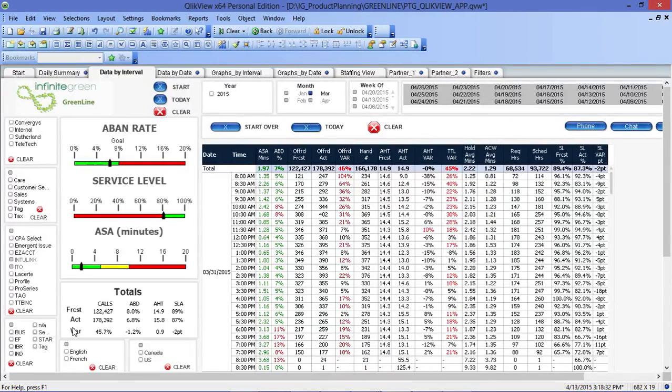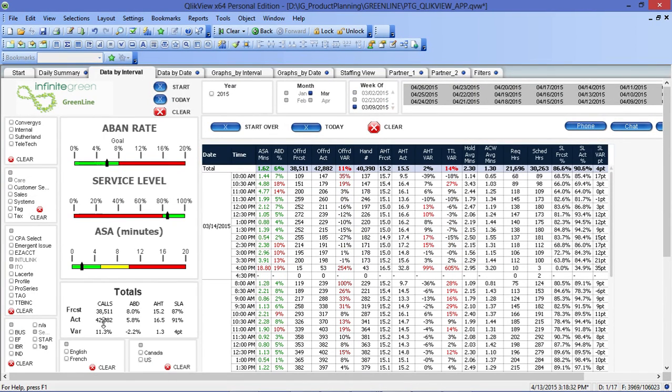We have totals depending on what we're going to choose here for the month of March. Let's say the week of 3/9 only. So now we're looking at 3/9 within the month of March.